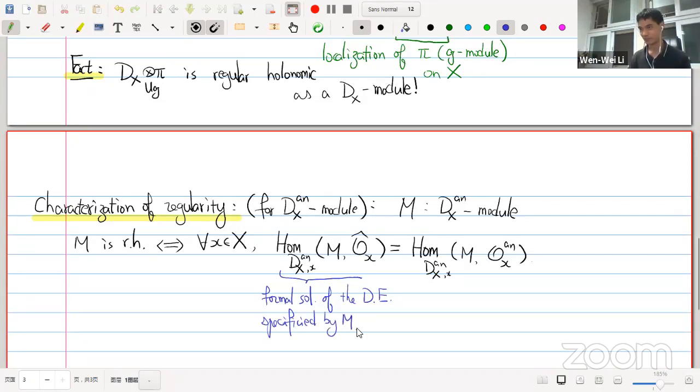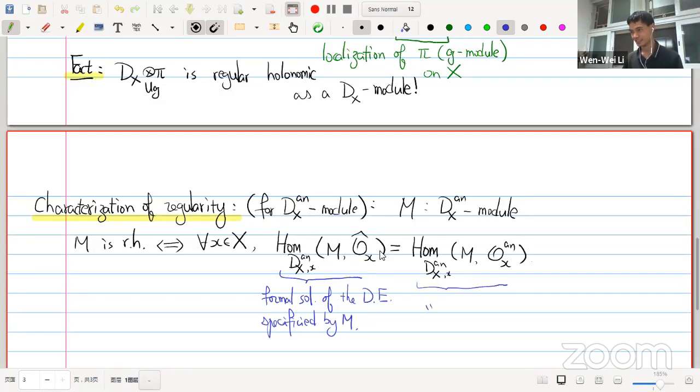Anyway, you can think about D modules as an algebraic way to organize a system of linear differential equations. So the left-hand side is a space of formal solutions at some point.